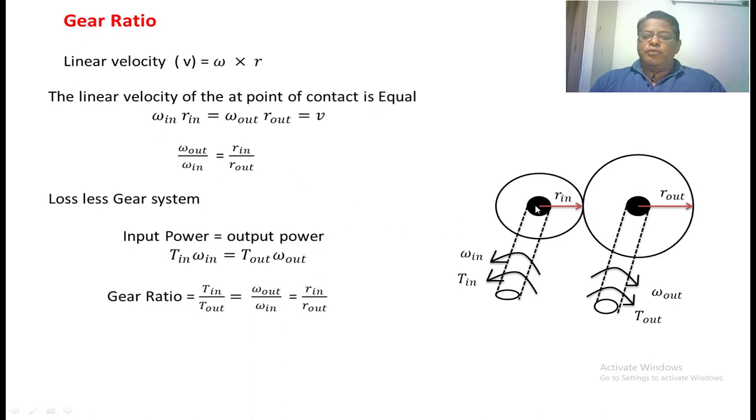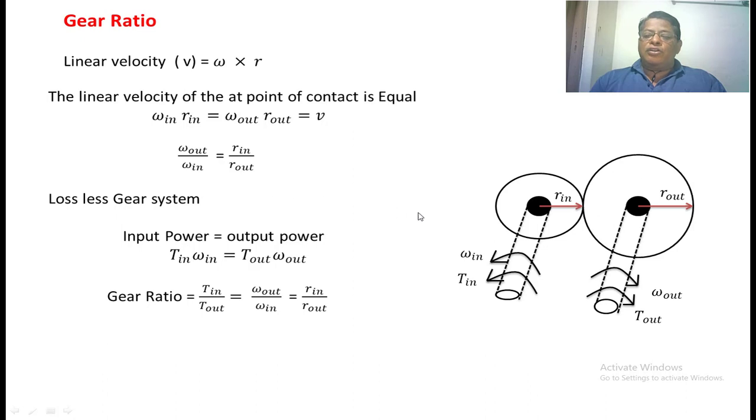Then at the input side, the angular velocity of this wheel times the radius of this wheel equals the angular velocity of the output wheel times the radius of this wheel, which equals small v, where small v is the linear velocity. If we find the ratio between the angular velocity of output to the angular velocity of input, then it is equal to the radius of the input wheel to the radius of the output wheel.